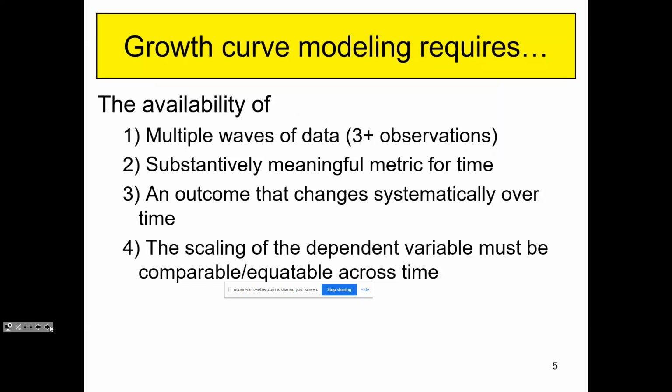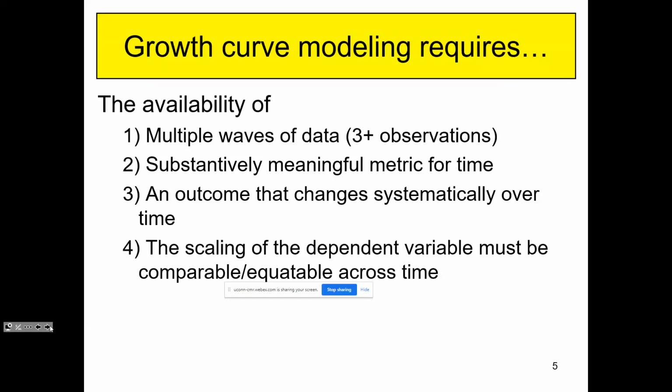When we're doing more developmental stuff with kids, often we can't give them the same test across time. That doesn't make sense, right? For example, if you're looking at kids' reading or math abilities from kindergarten through 12th grade, you can't give the same test to a kindergartner that you give to a high school student.